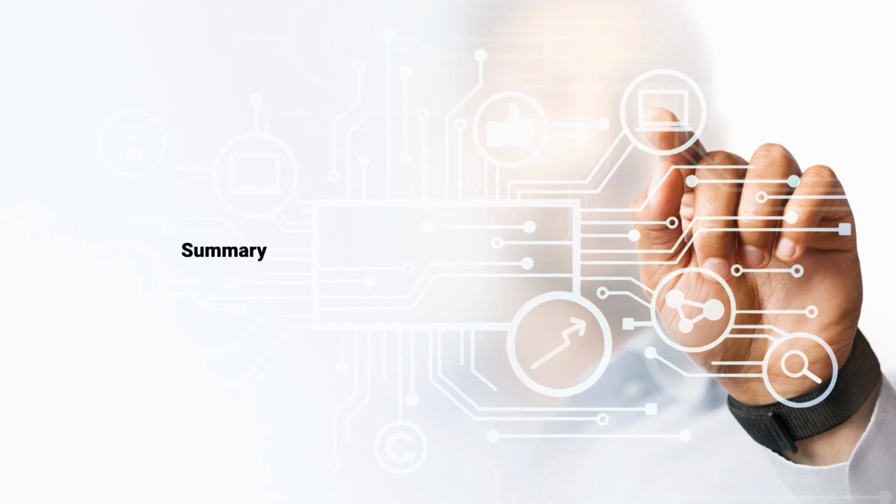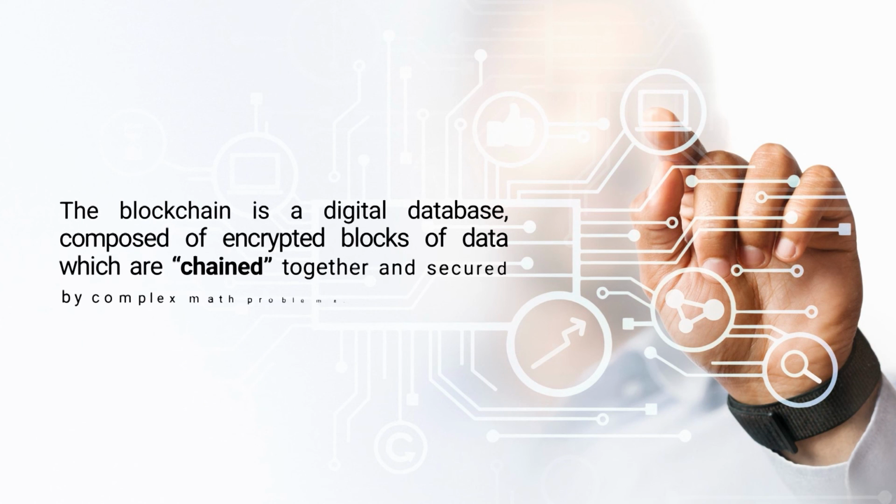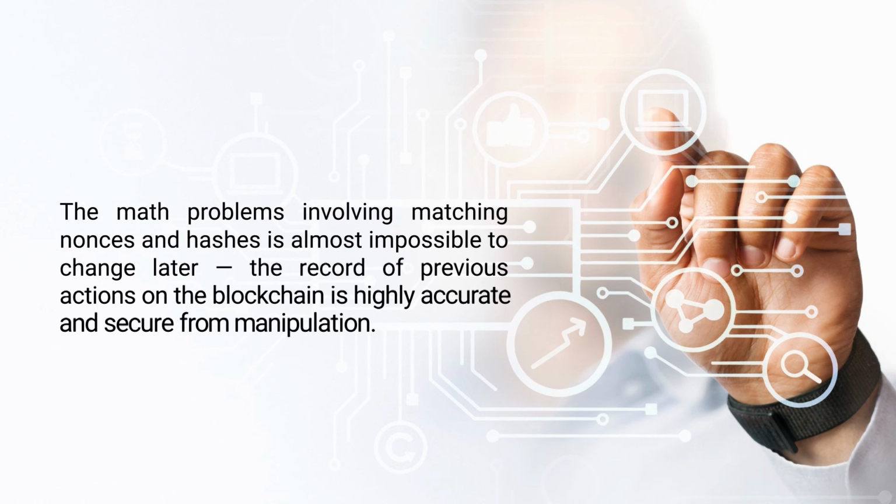Before winding up this particular session, let us sum up what we have studied. The blockchain is a digital database composed of encrypted blocks of data which are chained together and secured by complex math problems. The math problems involving matching nonces and hashes make it almost impossible to change later. The record of previous actions on the blockchain is highly accurate and secure from manipulation.